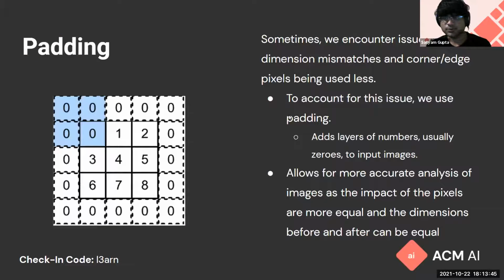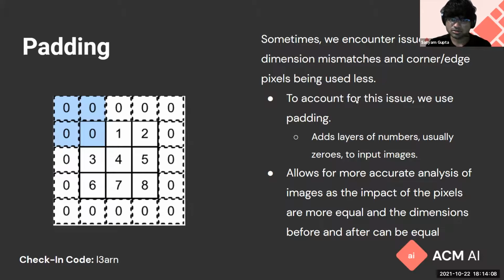All right. So what do you do if you have a 3x3 matrix and it's not working with the stride? For that, we use padding. The good thing about padding is that it helps you with dimension mismatches, and there are no corner cases or edges with that.